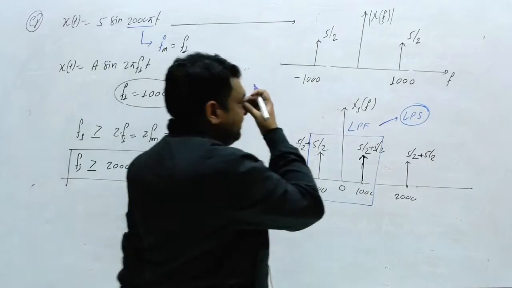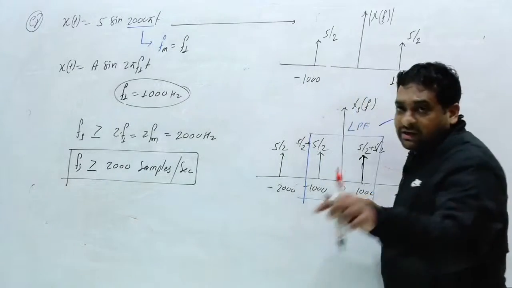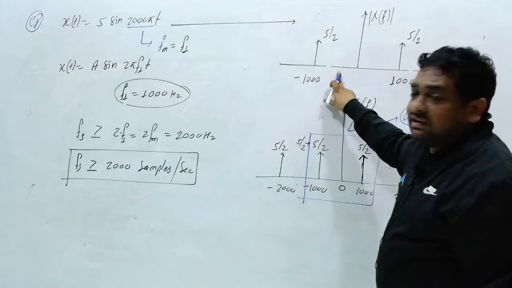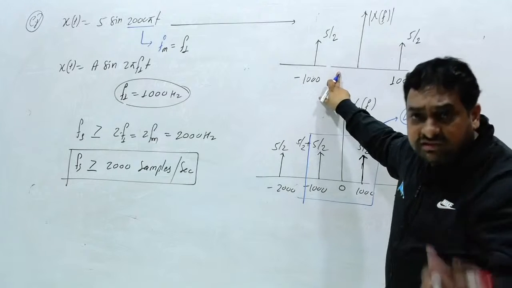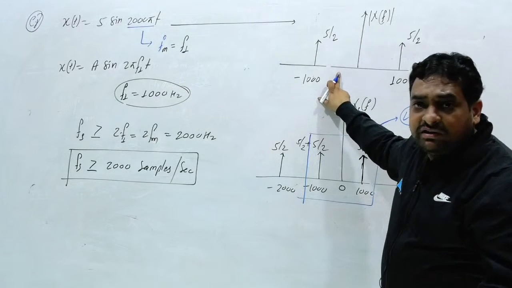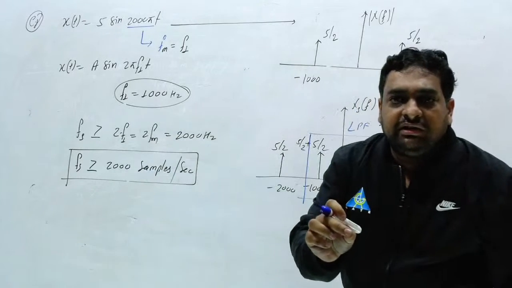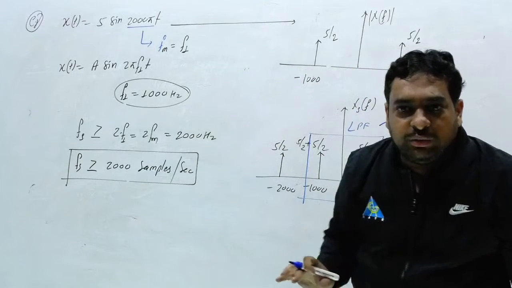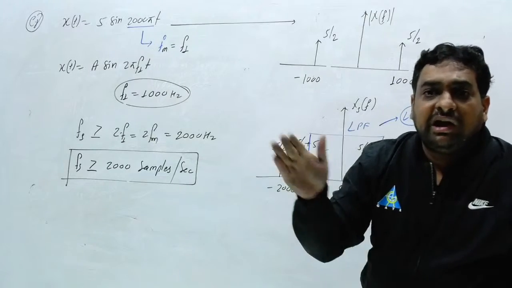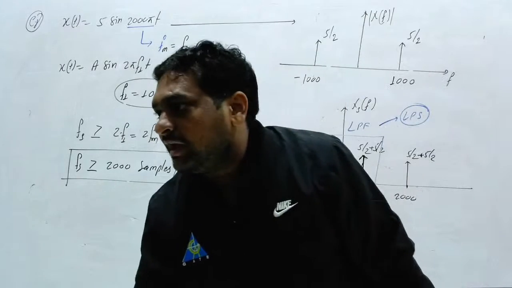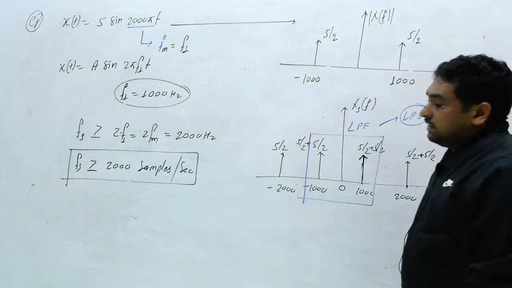Now suppose, for example, if you consider here a sampling frequency of 1000 hertz, then what will happen? This is my question.